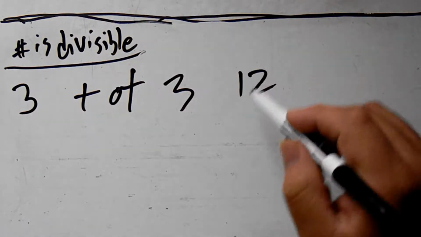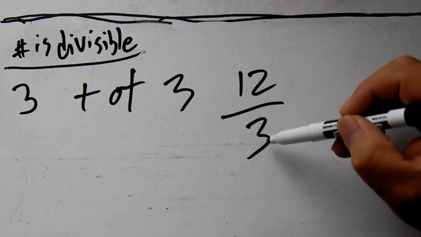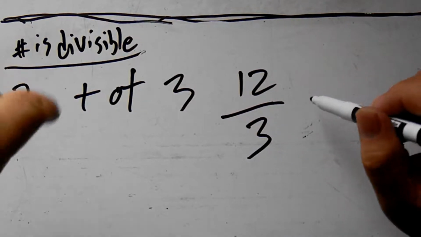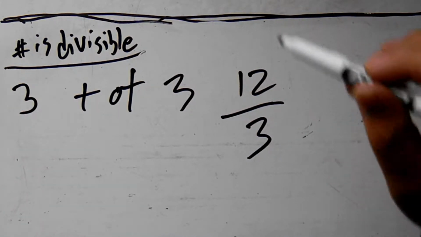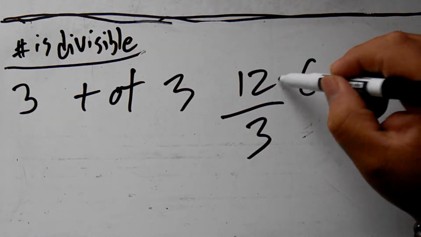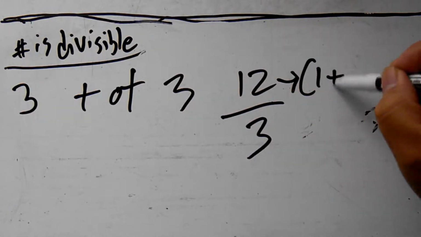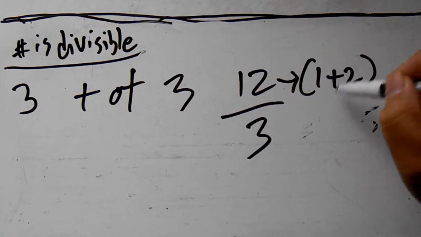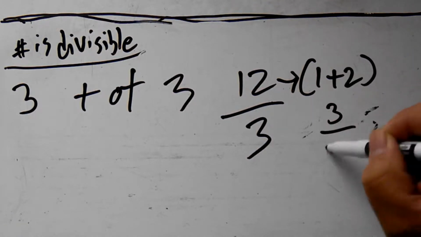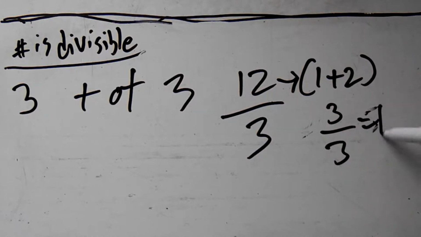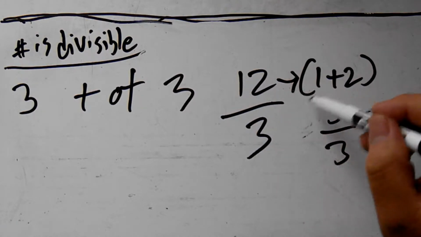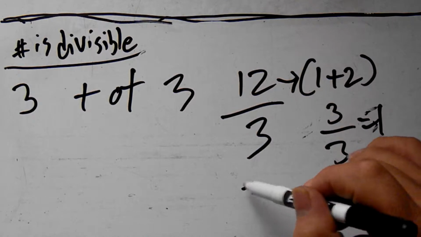Easy example. Is 12 divisible by 3? We know for sure that yes, it is. But we're going to look at the sum. So 1 plus 2 is 3. Is 3 divisible by 3? Yes, it is. You get 1. So we already know that 12 is divisible by 3, which is 4.